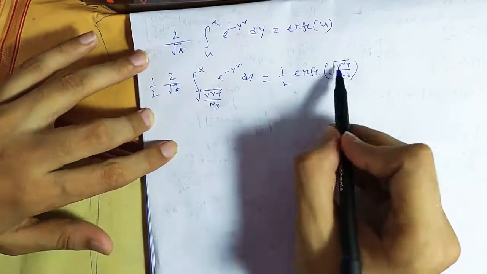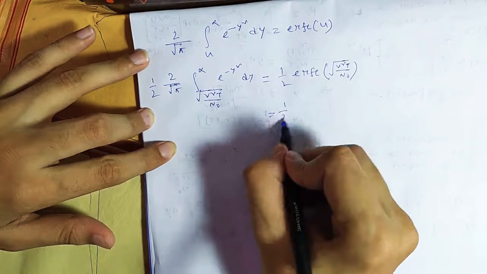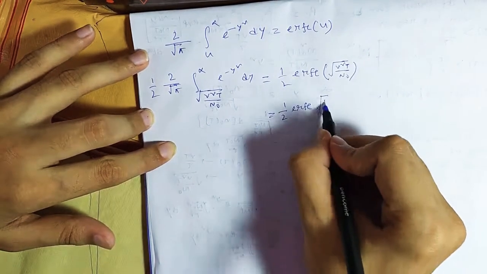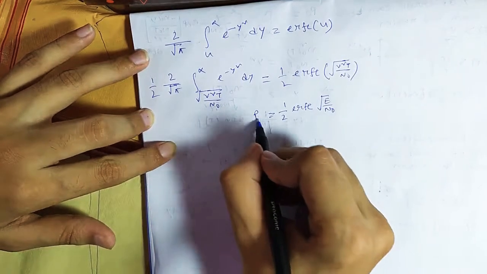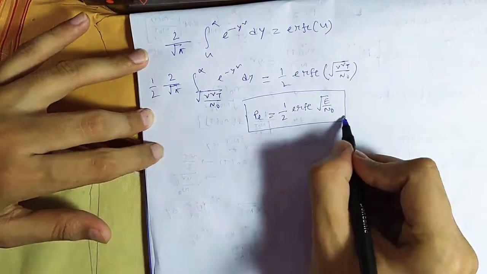Now we know that v square into T is the energy, so you can write 1 by 2 ERFC root over E by n0. That is the PE for the integrate and dump filter.